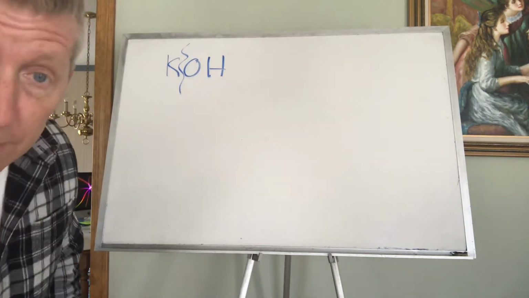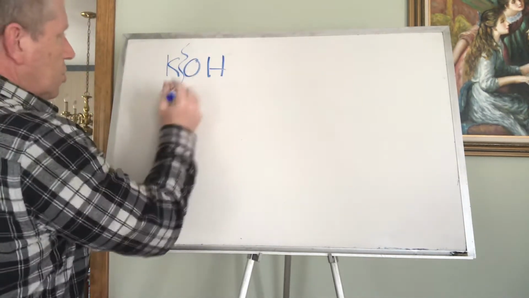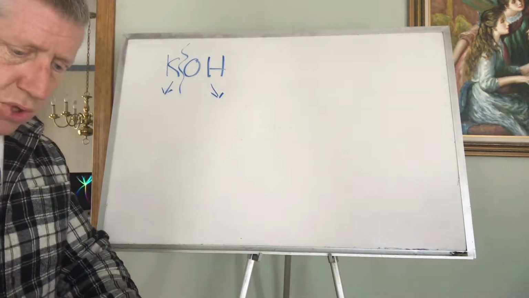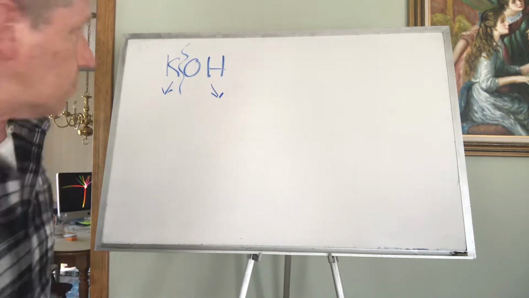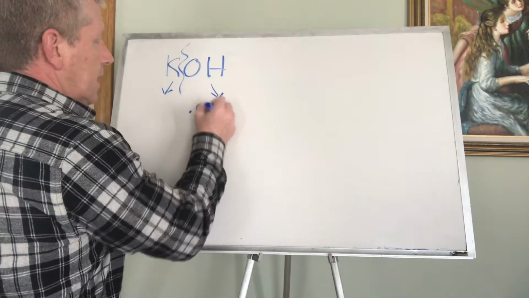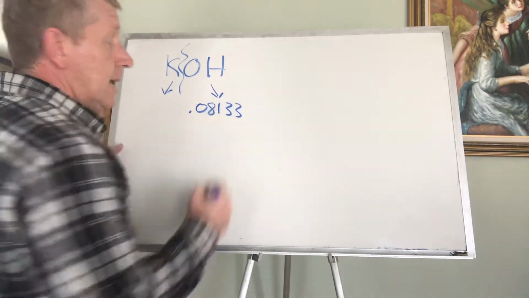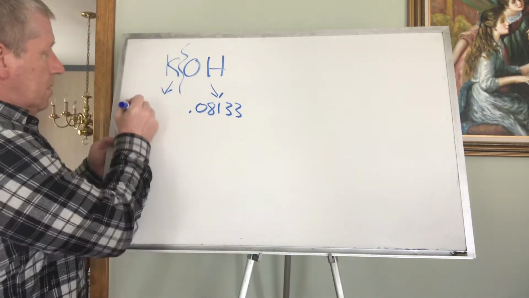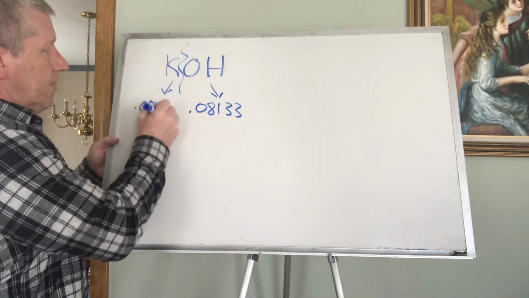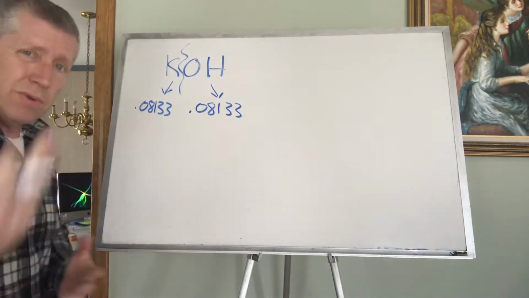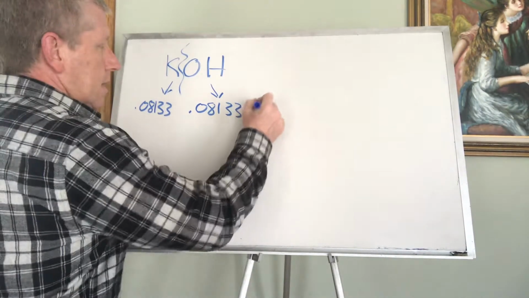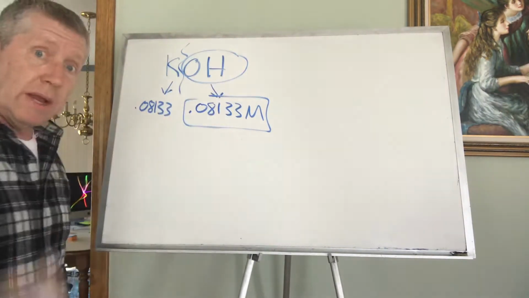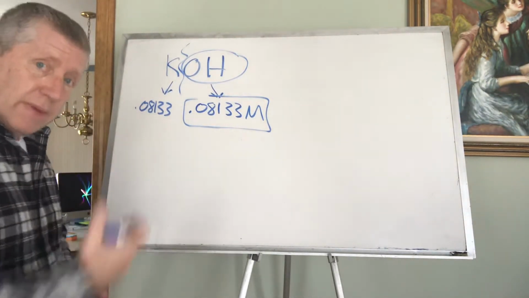So this solution will give off 0.08133 moles per liter of this and 0.08133 moles per liter of this. That's the concentration, molarity. This one matters. That is your hydroxide, and that's what matters in these acid-base titrations.